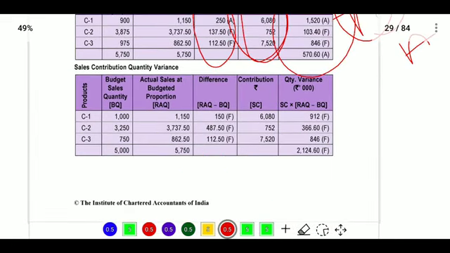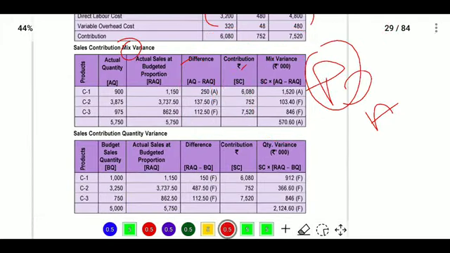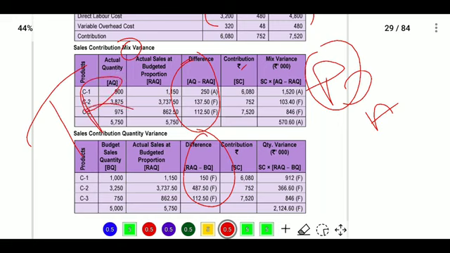Where we require the sales contribution quantity variance, we will require quantity. What is it? The revised actual quantity minus budgeted actual quantity. Here also we took actual quantity minus revised actual quantity. Why have we taken it in reverse? Because sales means the right hand side, and right hand side means we take the reverse.